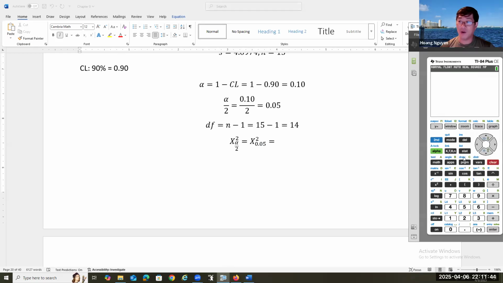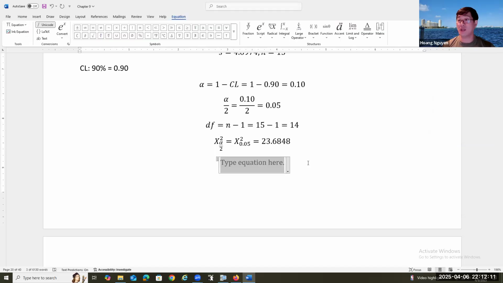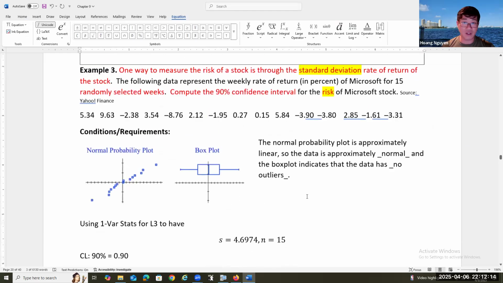So we go to program Math 200B and find the critical chi-square. Degrees of freedom is gonna be 14, and then the right tail is gonna be 0.05. So we have 23.6848. That's gonna be the first critical value, the chi-square of alpha over 2.